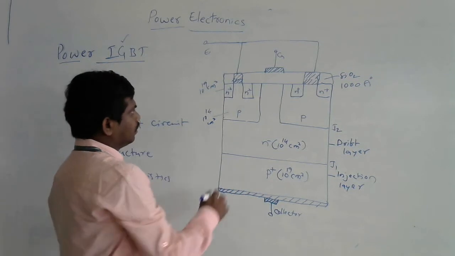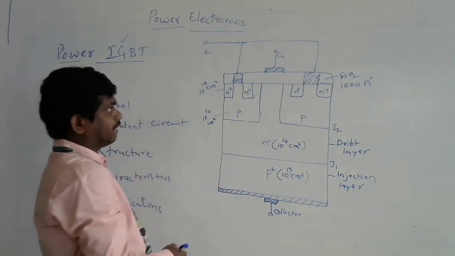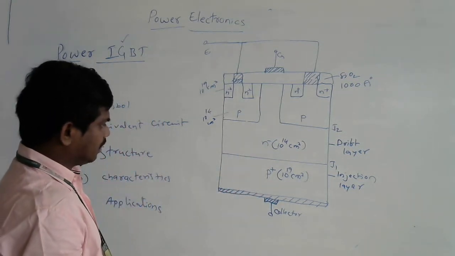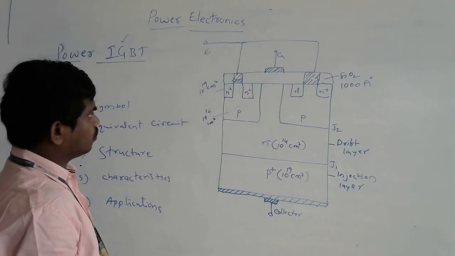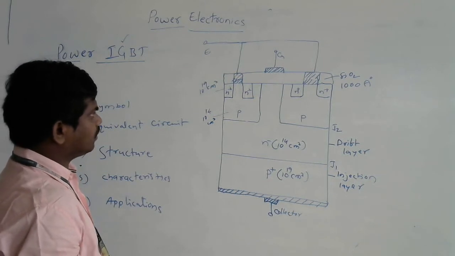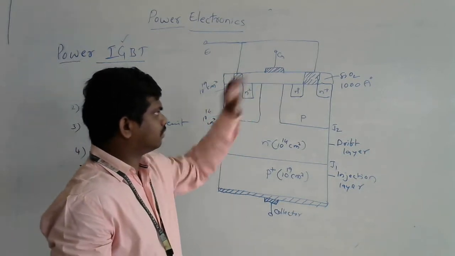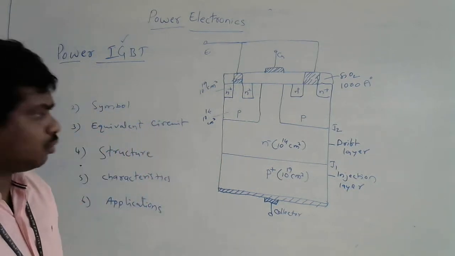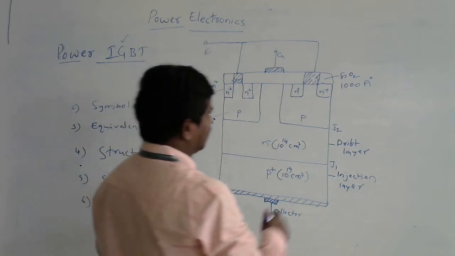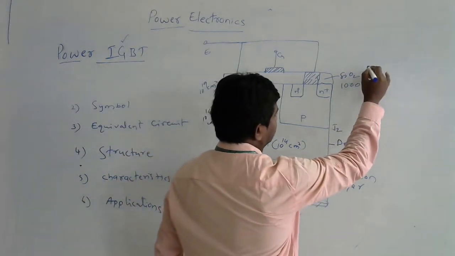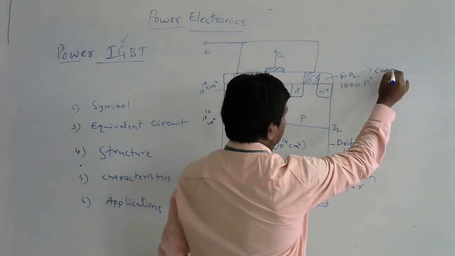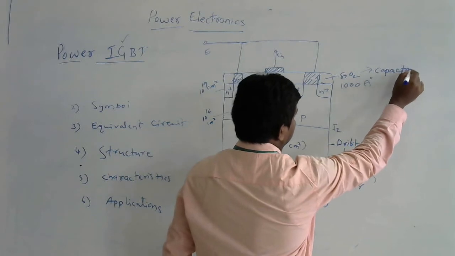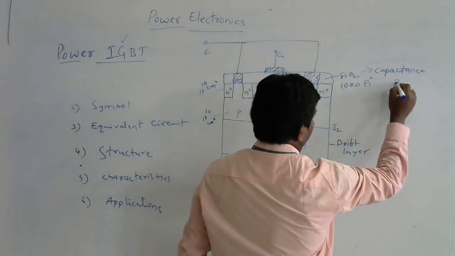Look at the connections of the battery. We are now going to see the connections of the battery. What is the function of the silicon dioxide material over there? Very simple: silicon dioxide possesses the capacitance property.